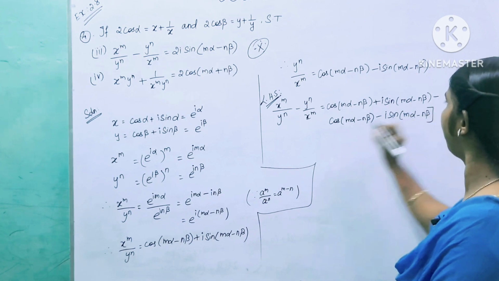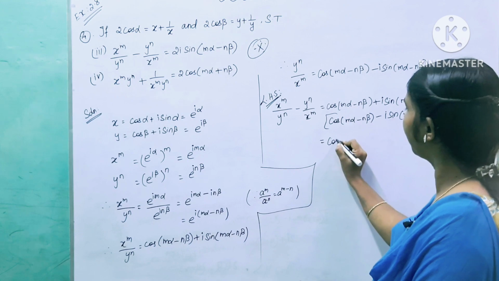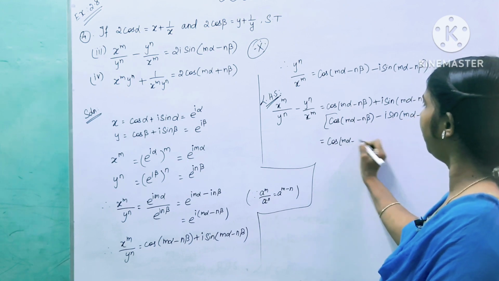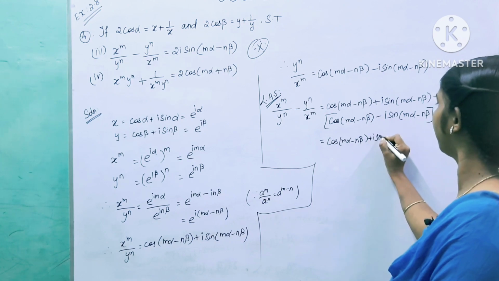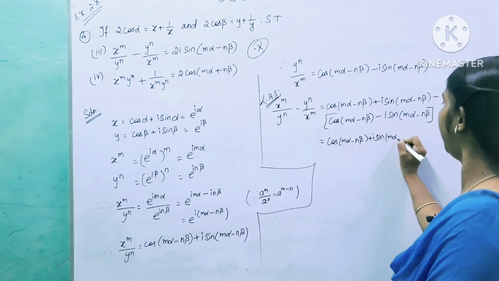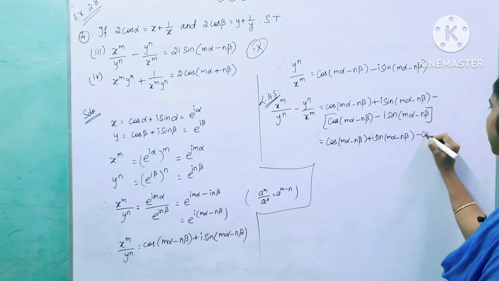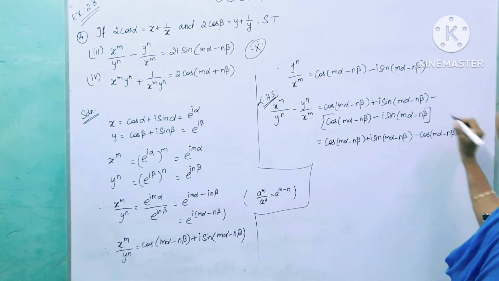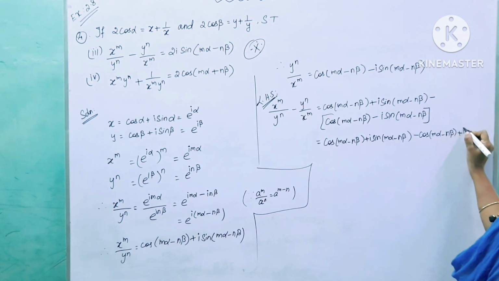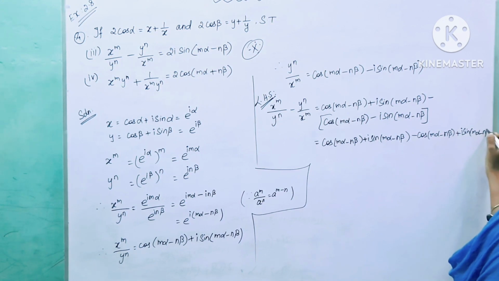So when the minus goes inside, cos m alpha minus n beta plus I sin m alpha minus n beta minus cos m alpha minus n beta, minus into minus becomes plus I sin m alpha minus n beta.